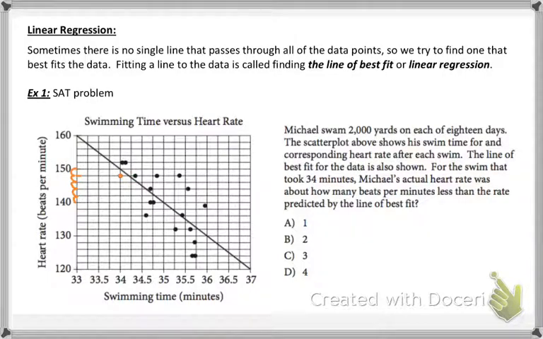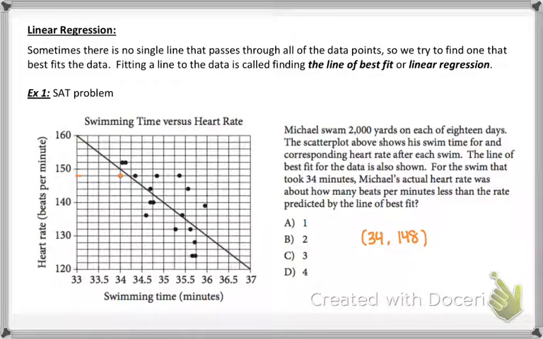Okay, so the Y scale goes up by 2 for every unit. So it looks like 34 minutes is his actual time, and his heart rate would be 148 beats per minute.